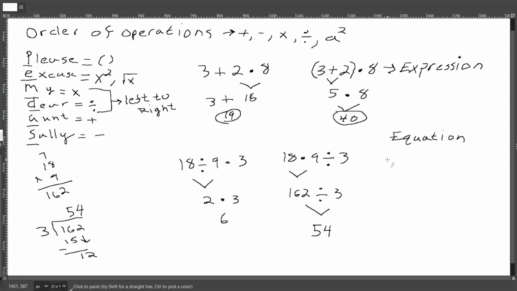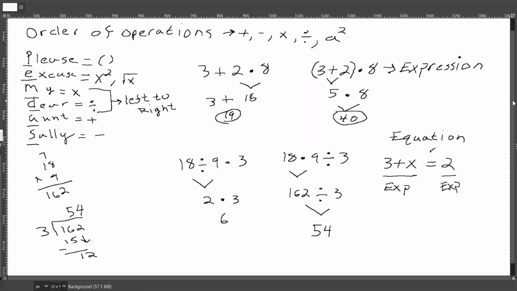One thing you have to realize is 3 plus x equals 2. This is an equation because it does have an equals, okay? But what's on the left side of the equation is an expression, and what's on the right side of the equation is an expression. So when they ask you to simplify something, they're asking you to do some order of operations here, okay?